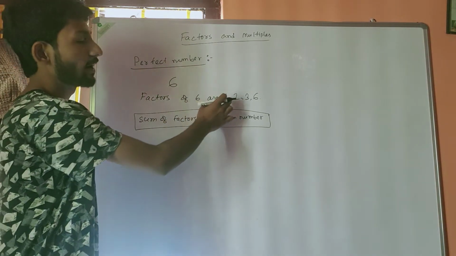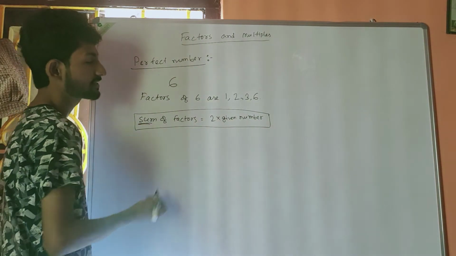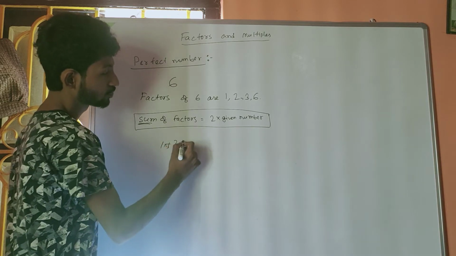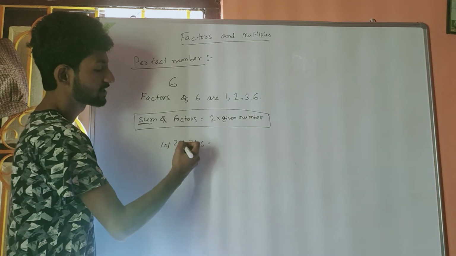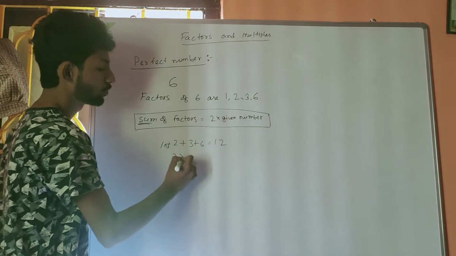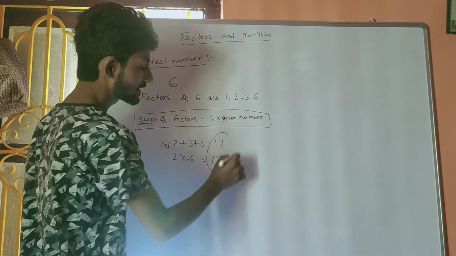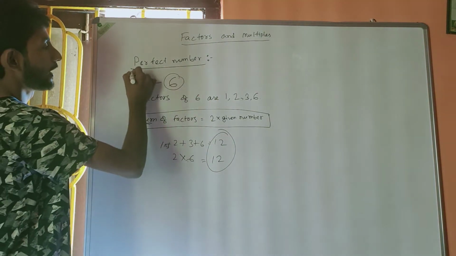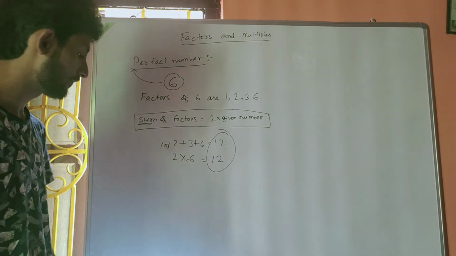Factors of 6 are 1, 2, 3 and 6. Now we will sum, sum means addition. So 1 plus 2 plus 3 plus 6. What will you get? 3, 6, 12. And 2 times the given number will also be 12. So both are the same. So we can say 6 is a perfect number.